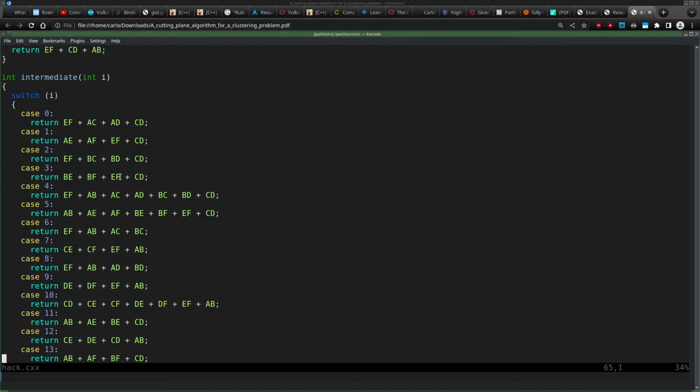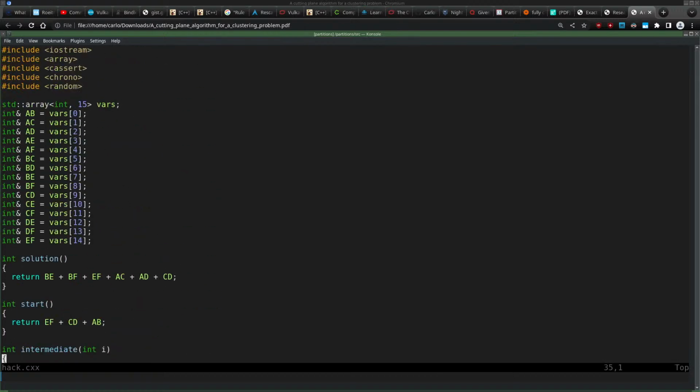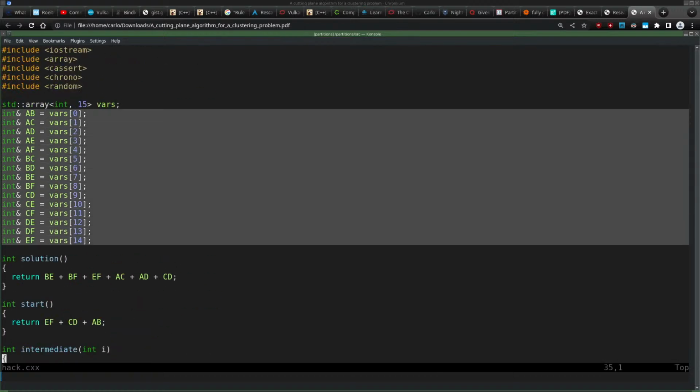Where A through F are my vertices or nodes, and then BF is the edge between B and F. Now you will not find FB, because BF and FB are the same thing, and I just put them in alphabetical order so I could not get confused. These are all the edges that I have.